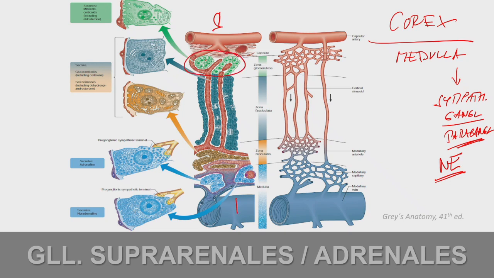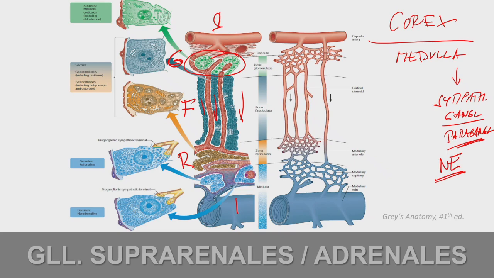The first zone is called glomerular because it forms something like glomeruli. Then you have a fascicular part because you can see here fascicles of the tissue. And the last one is a reticular zone because it forms rete.